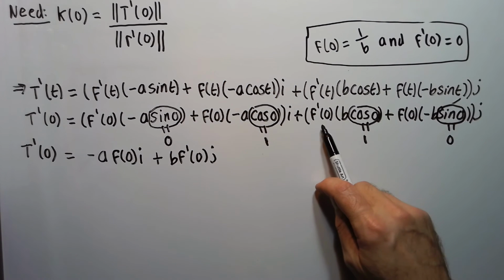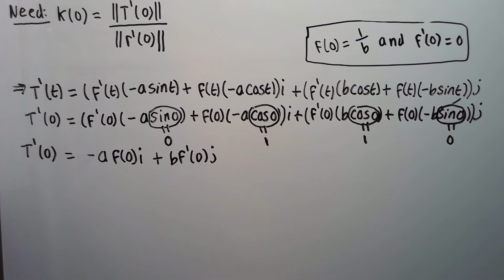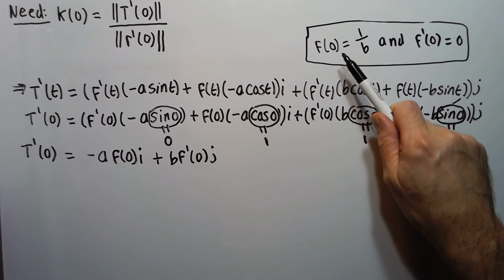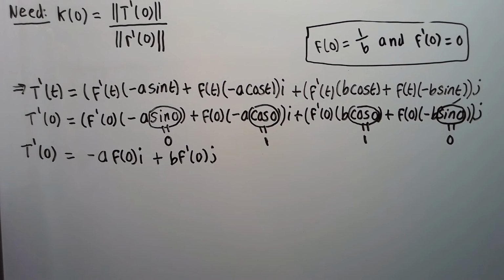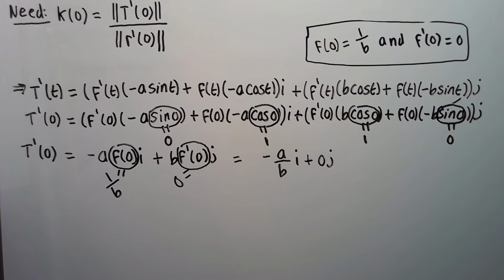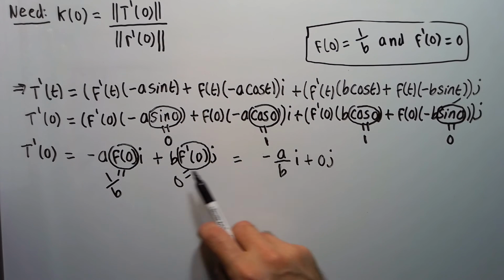And in the j component, it's going to be b f prime of 0, j. But now f of 0 is 1 over b and f prime of 0 is 0, so that's gone. It's going to be negative a over b i plus 0 j.